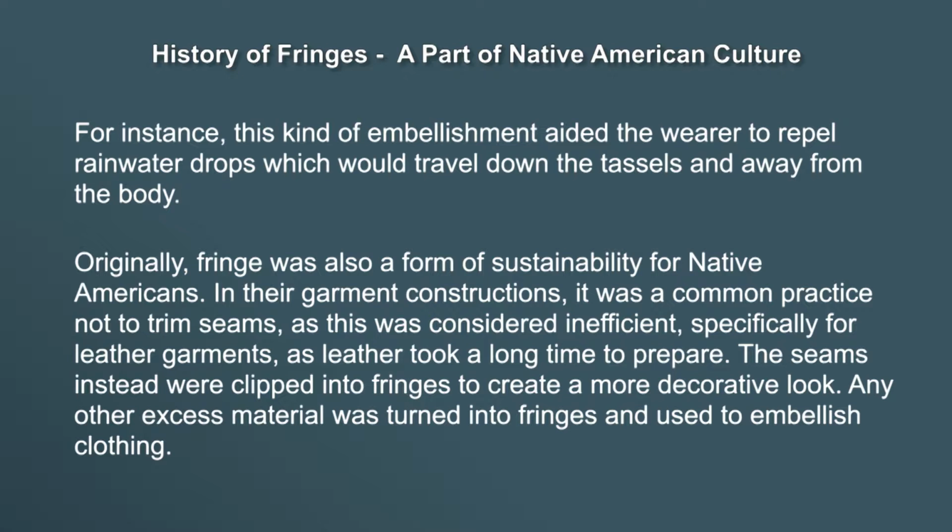The seams instead were clipped into fringes to create a more decorative look. Any other excess material was turned into fringe and used to embellish clothing.